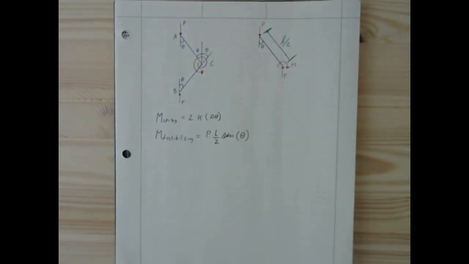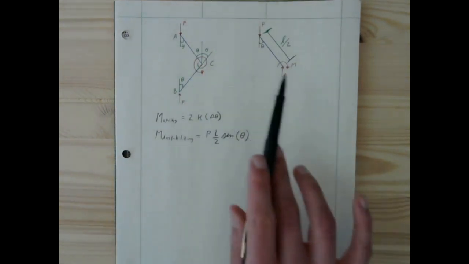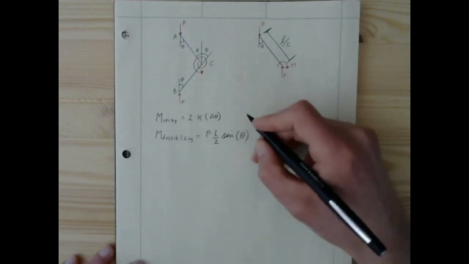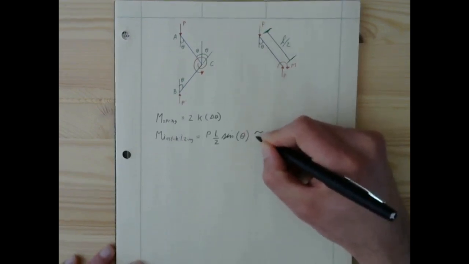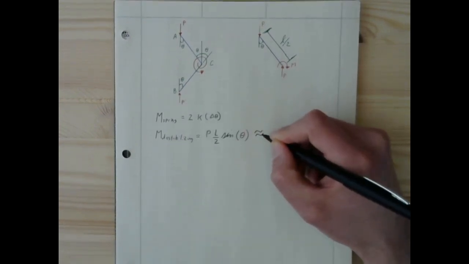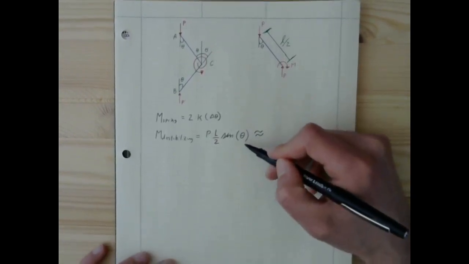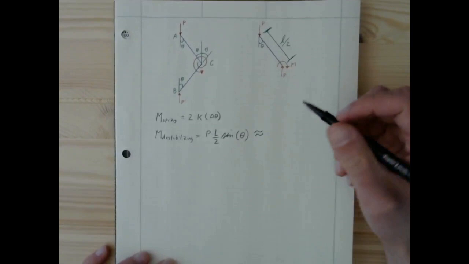Now, I said this was a small deflection, and I haven't drawn it that way, but it is, right? I just want to be able to see the angles. So because theta is going to be very small, we'll be able to say that the sine of theta is approximately equal to theta.